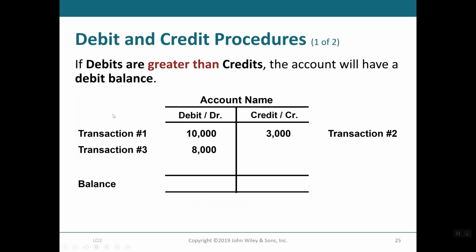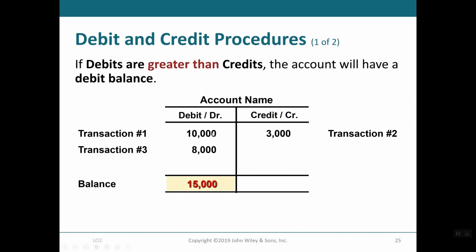All right, so debit and credit procedures. Now, if debits are greater than credits, the accounts will have a debit balance. So at any point in time, if my debit side is more than the credit side, then we say we have a debit balance.